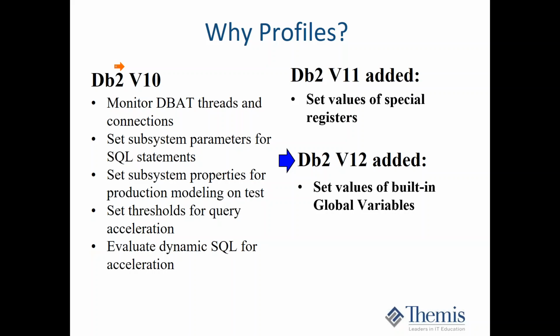In version 11, they expanded that into being able to set an override for the special registers for certain distributed threads. Now, most of your profile entries are meant for distributed threads, DBAT threads, distributed requests.